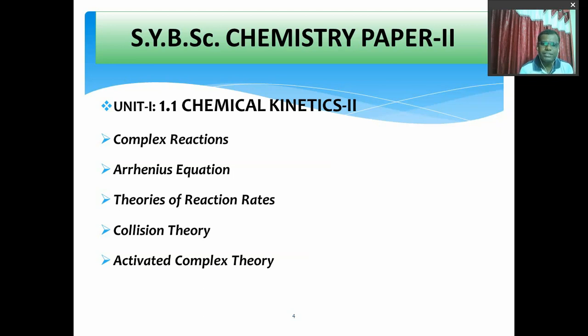There are some drawbacks or disadvantages of collision theory, which have been overcome by another theory called activated complex theory. So in this topic, in order to explain the rate of chemical reaction, we are going to discuss both theories, collision theory as well as activated complex theory.